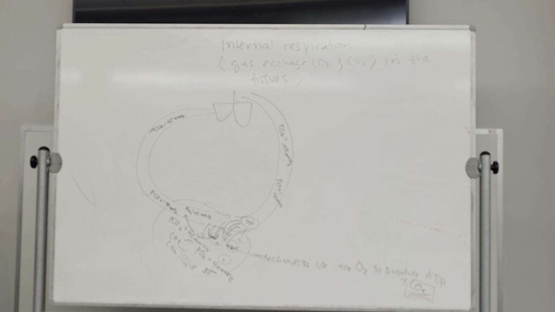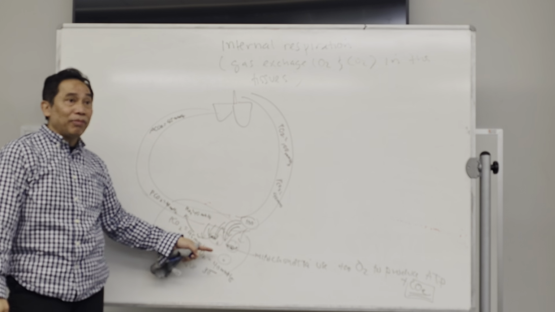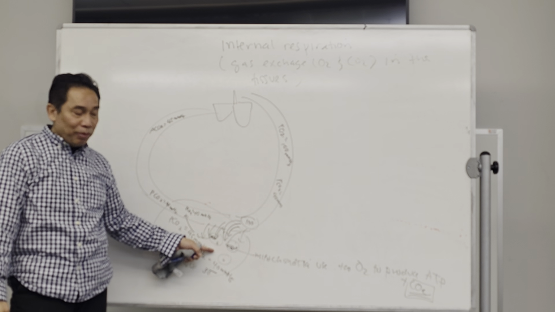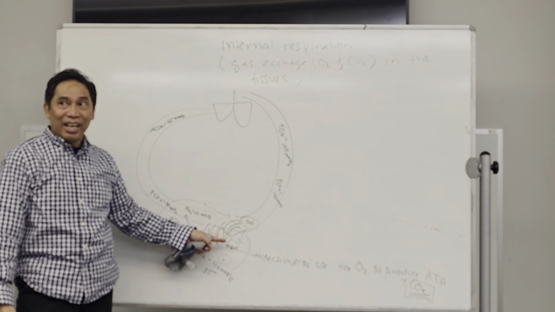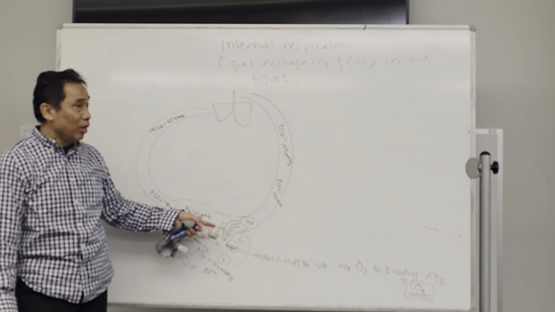If you use more muscle, for example, if you are a boxer, maybe you use mostly your arm, you might get more oxygen to the arm, and less to the other parts. Or if you are a runner, you might get more oxygen to the skeletal muscle on the legs. So it really depends on whether your cell is active or not. More active will get more oxygen. Less active will get less oxygen.